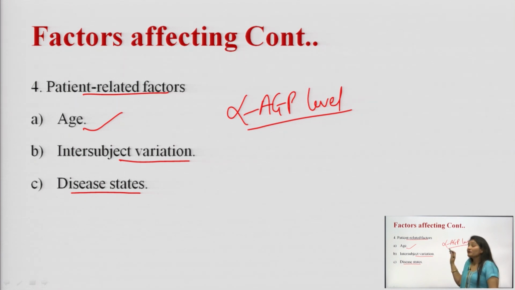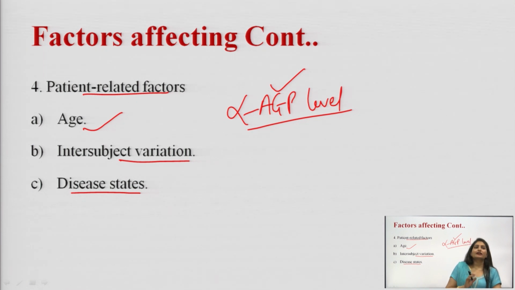So, if the person is in disease state, the level of this protein will be very high in the blood. There are more chances that the drug can bind to this protein. In this way, in the case of disease state, the level of protein drug binding is affected.